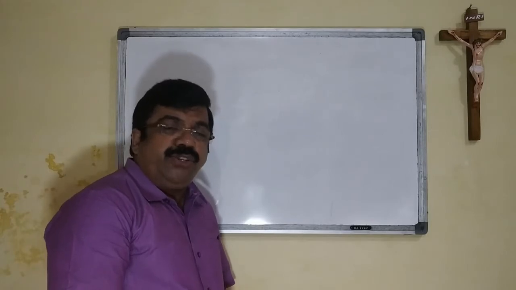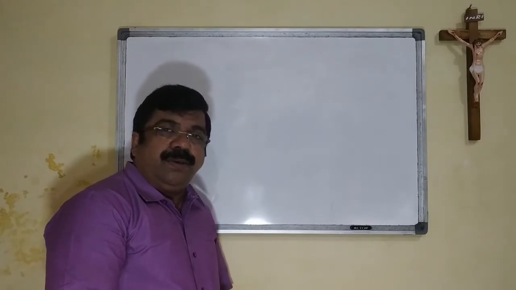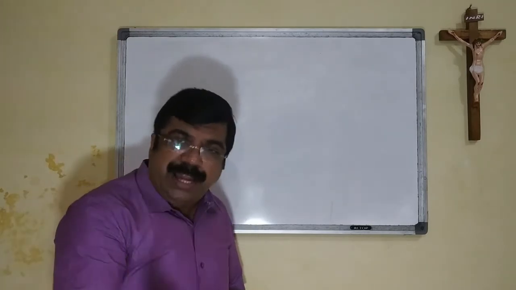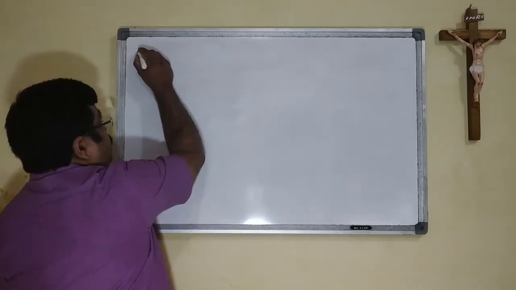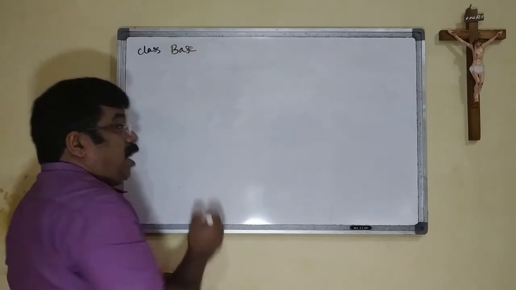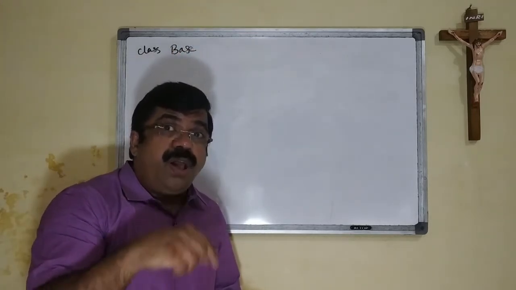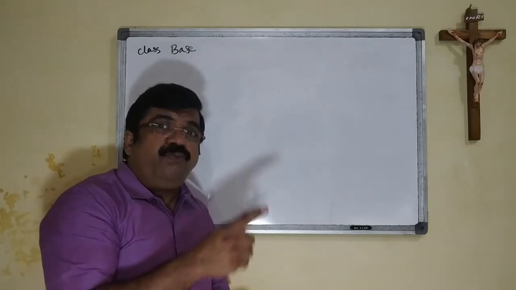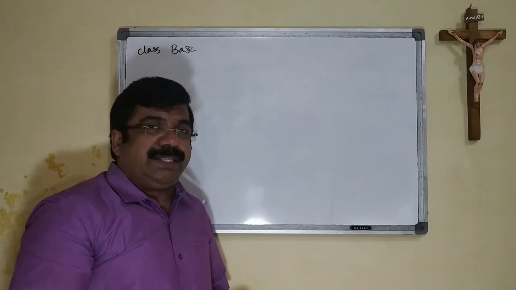Yeah, the class name is Base. Let us write the class name Base on another screen. So write class Base. That means we are going to have multiple inheritance with the help of one interface and one class.